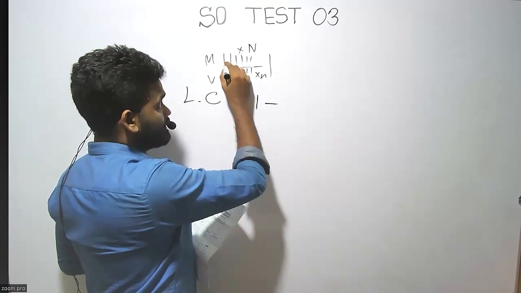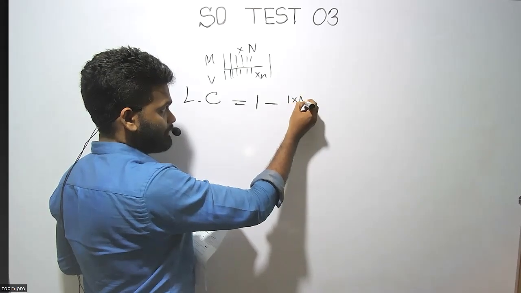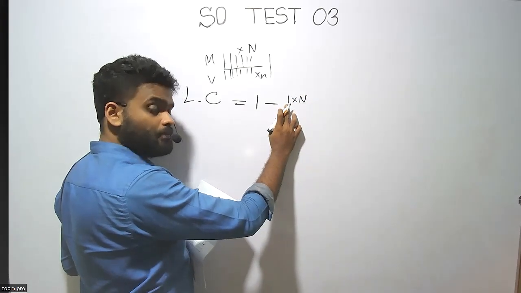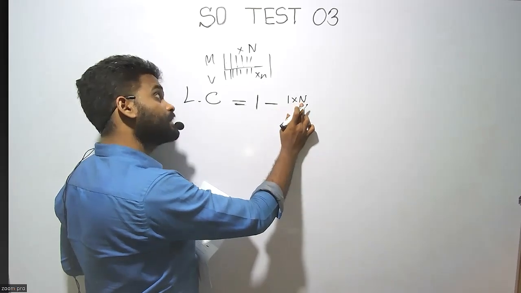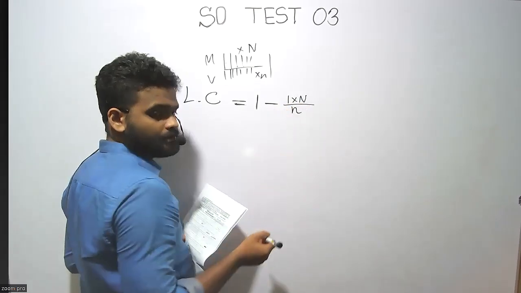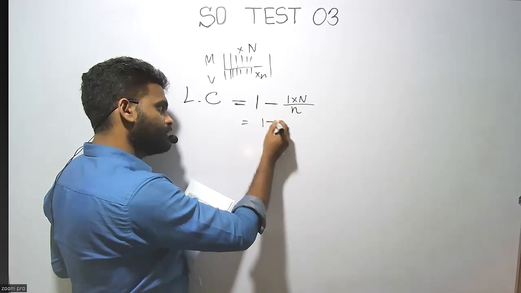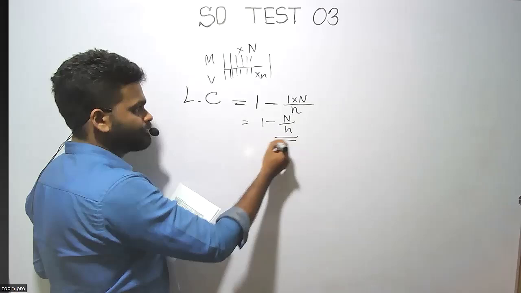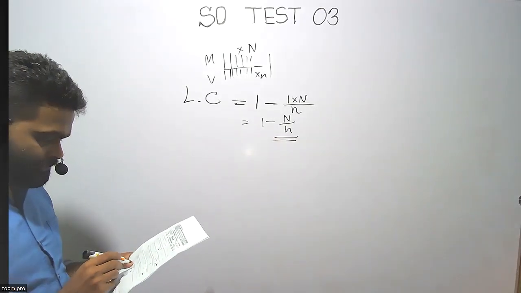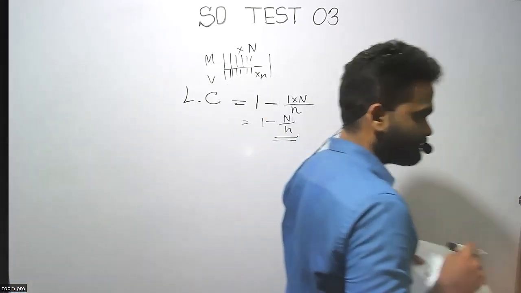The total length of the vernier parts is 1 times capital N. 1 means unit of main scale, right? Such capital N parts divided into simple n parts, as in the vernier scale. When you simplify this, this is the least count. Correct? So the answer should be the third one.